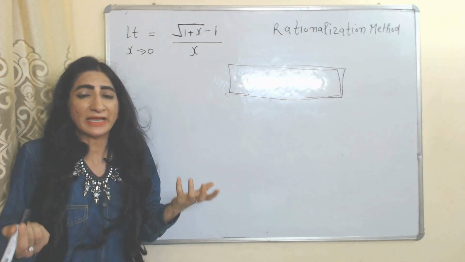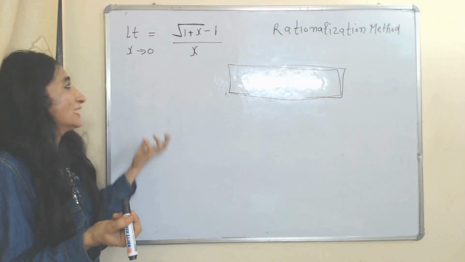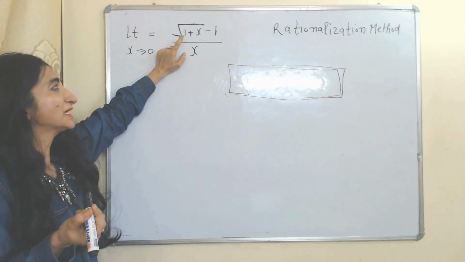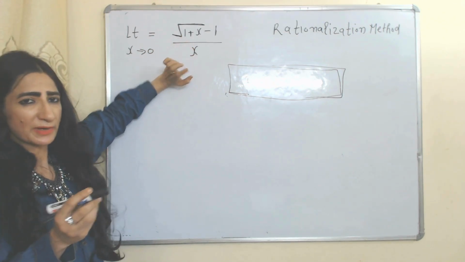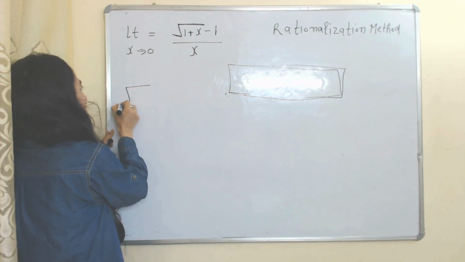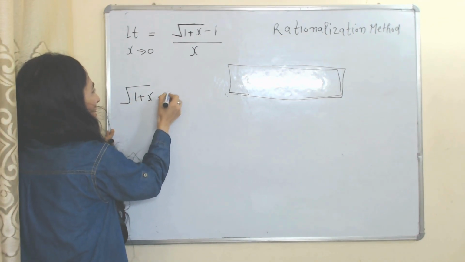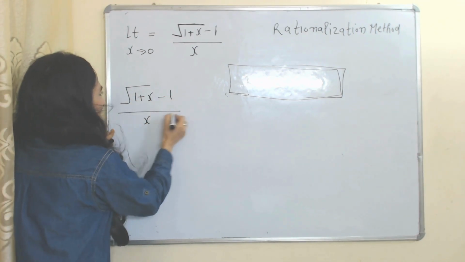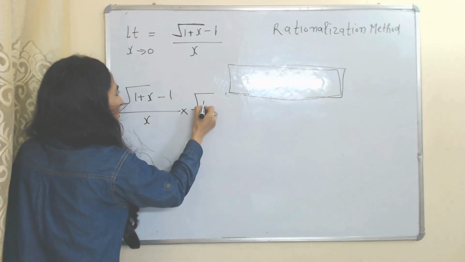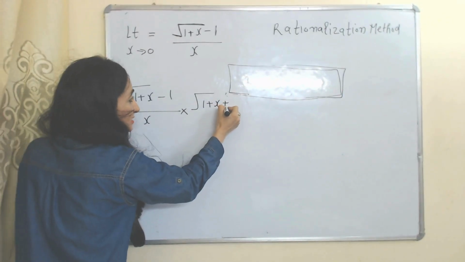In order to apply rationalization method, we will divide and multiply this function with square root of 1 plus x plus 1. So this is our function, and we divide and multiply this function with square root of 1 plus x plus 1.